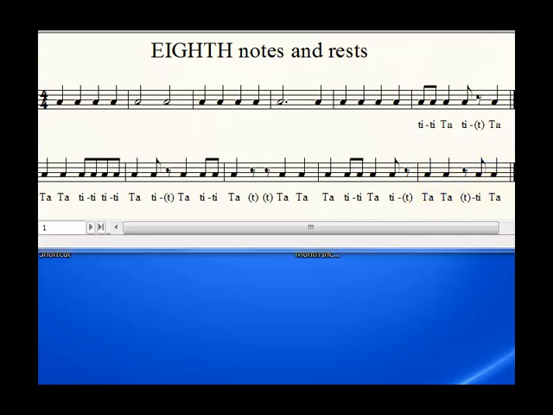Did you get that last bar? That was quite hard. Let's do the last bar again of that line. 1, 2, here we go. Ta, ta, ti, ta. Good.